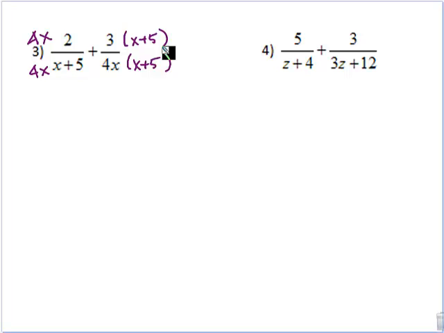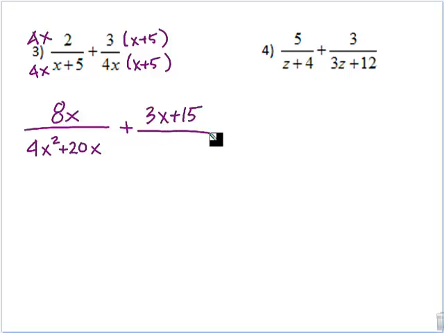So what will my first fraction end up being? 4x times 2, what is that? 8x over, to take 4x times the x plus 5, what will that give us? Good, 4x squared plus 20x. Plus, 3 times x plus 5, what does that end up being? 3x plus 15 over, now we already figured out the denominator, 4x squared plus 20x.